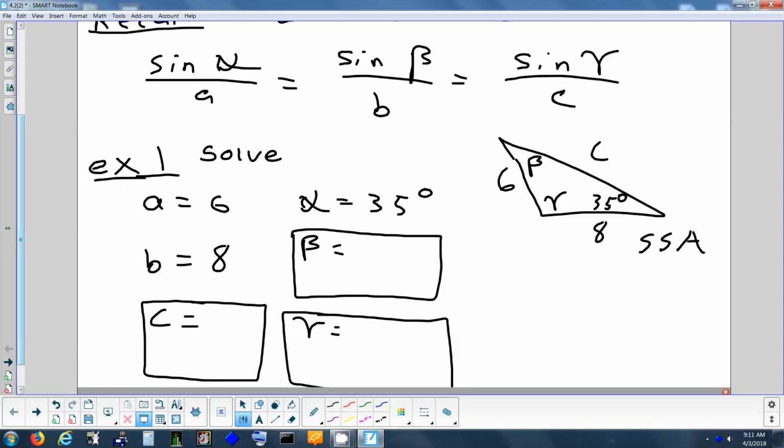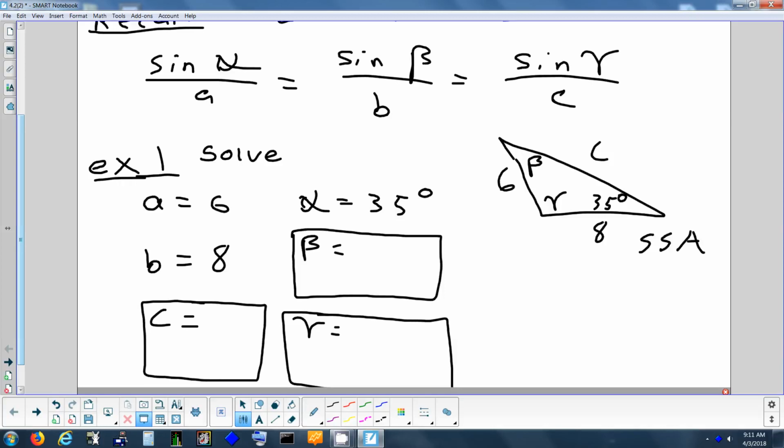You have a side, and you have an angle, but the angle that you know is not the one between the 2 sides. In this problem, the angle between the 2 sides is gamma. If I gave you gamma, you wouldn't be able to solve this. Now what made you put them in that order? Or would it really matter what order you put them in? It doesn't matter.